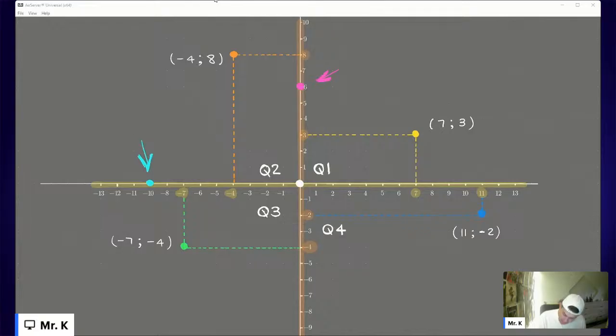If I look at my bright blue dot over here on the far left-hand side, how would I find the coordinates of this dot, grade 7s? First, whenever we are looking at a coordinate, we need to remember that we are working in the format x, then y. I know this is repetitive, but it's like that on purpose.